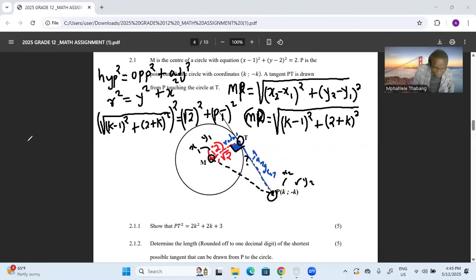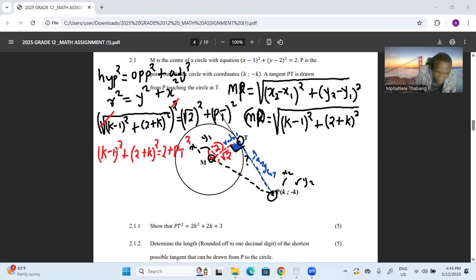Okay, so this exponent 2 will surely cancel this square root. So I'll be left with k minus 1 squared plus 2 plus k squared equals the square root of 2 squared, which is 2, plus PT squared. So now let me expand k minus 1 squared.